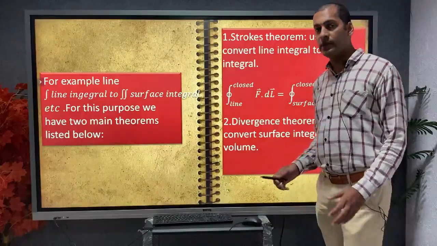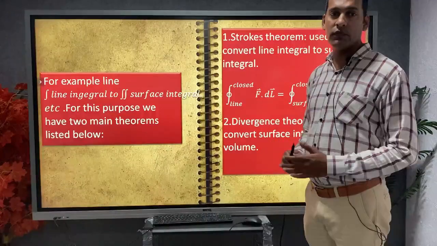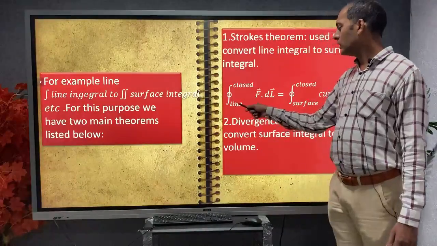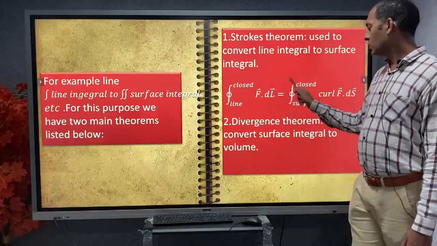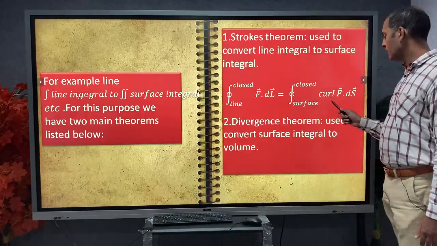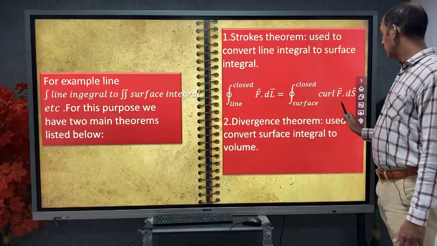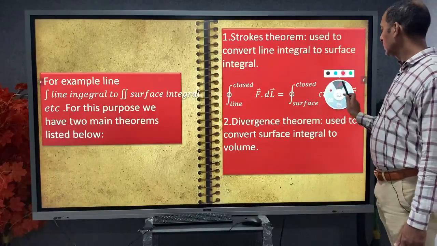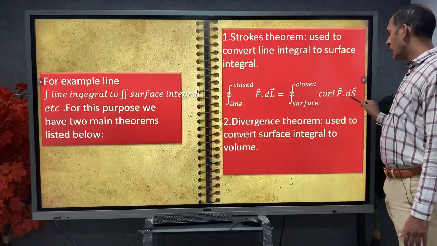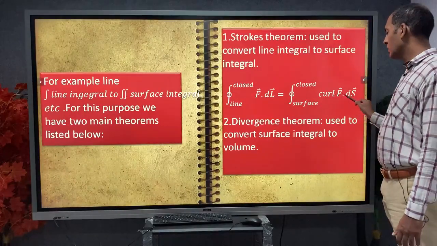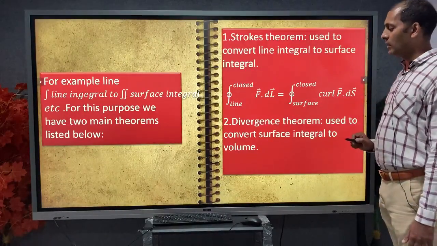Many times we have to deal with the conversion of integrals. Suppose this is the line integral F dot dl bar. If we have to convert it to a surface integral, we take the curl, and we simply get curl F dot ds. That means del cross F dot ds bar.